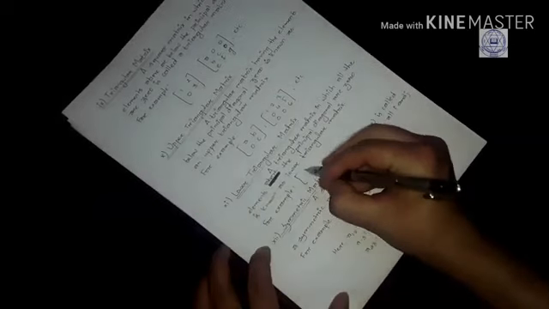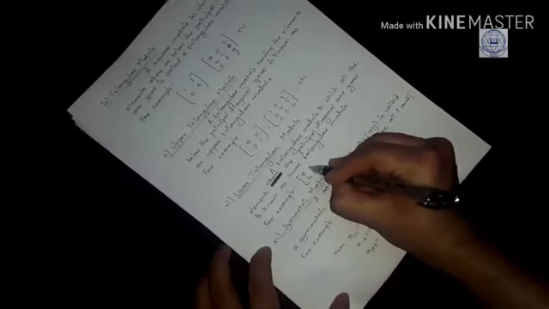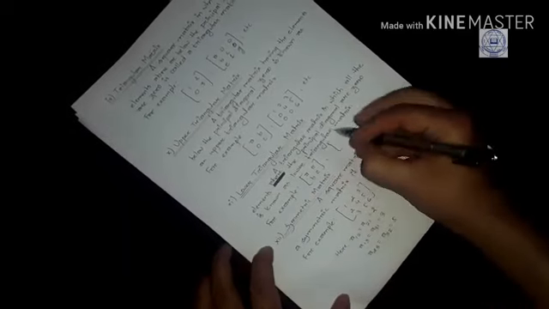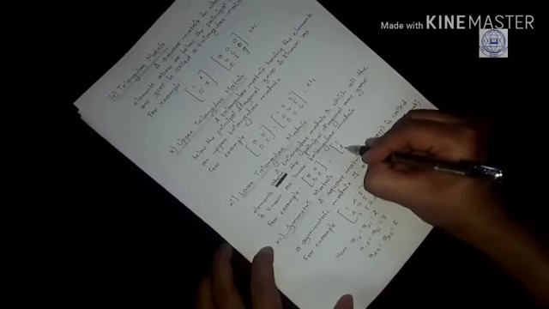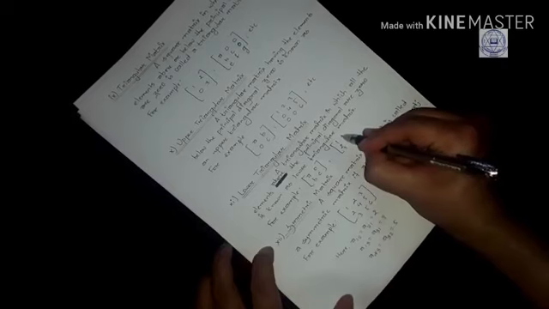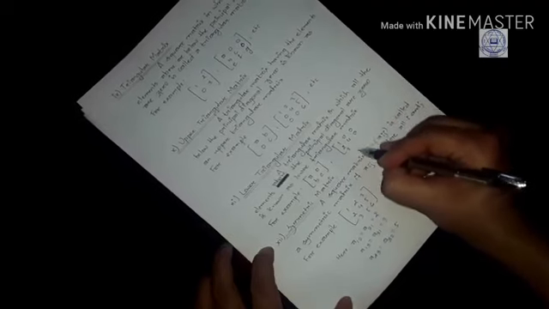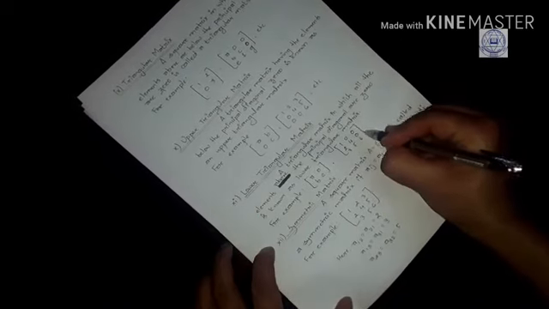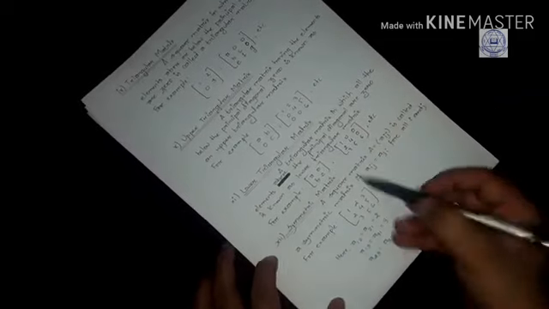For example, A, B, C, 0, and another one is 1, 2, 3, 0, 0, 4, 0, 5, 6. See here, these are examples of a lower triangular matrix.